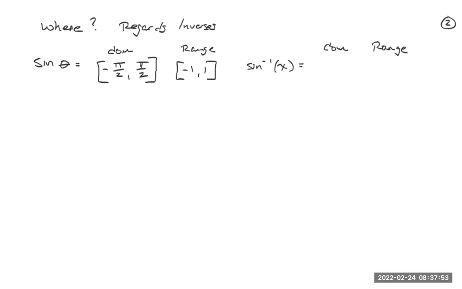So the domain of arcsine is -1 to 1. That's the question we may ask. And the answers will come from an angle in quadrants 1 or 4. That range of possible answers is negative pi over 2 to pi over 2.